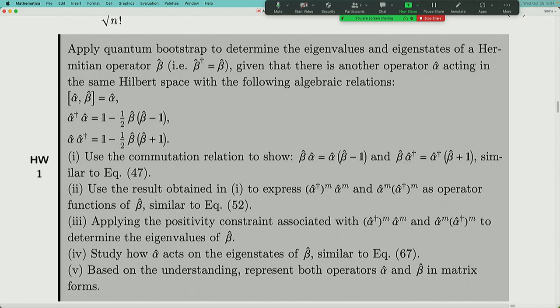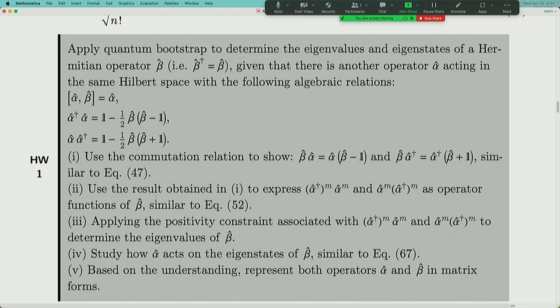One is their commutator, which looks like that, and then if you take alpha dagger alpha, you can rewrite it as a function of beta. In some sense, this alpha is like the annihilation operator in the harmonic oscillator case, and this beta is like the number operator. But you can see that this algebraic relation is not the same as the harmonic oscillator.